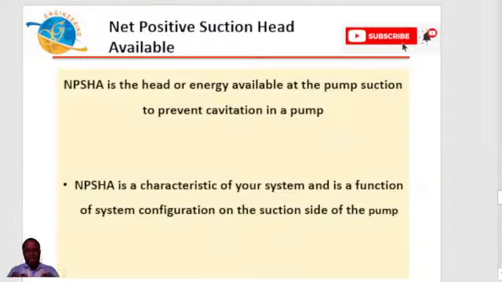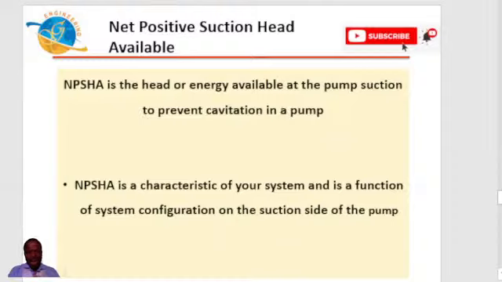So it is very important as a process engineer to be able to do what? To be able to determine how NPSHA for a particular system that you have in your plant can be obtained. And don't forget, I said NPSHA is a characteristic of what? Of your system. It is a characteristic of the client system.